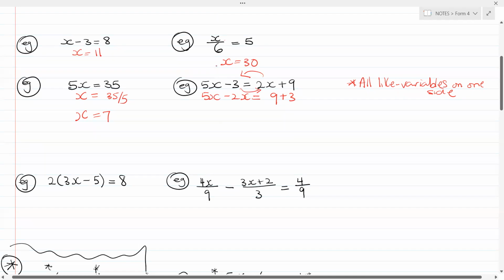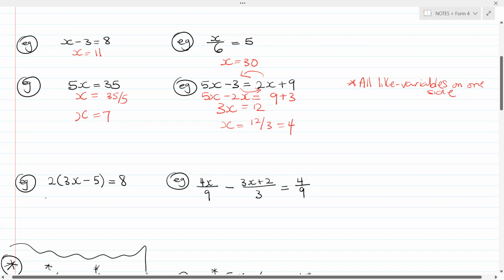You know, it's one way on one side, you do the inverse of the operation on the other side. So we end up with, we know 5 minus 2 is 3, so 3x is equal to 12, and therefore 3 is multiplying by x. So to make x the subject of the formula, we divide by 3 on both sides, or we just say multiplication, we send it across to divide. So x is equal to 12 divided by 3, which is 4.